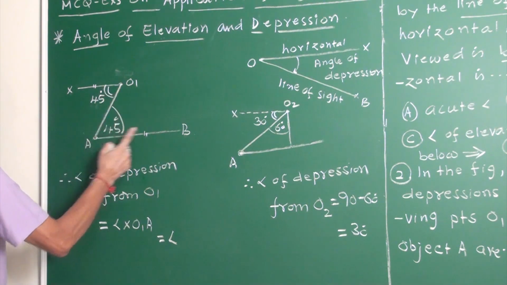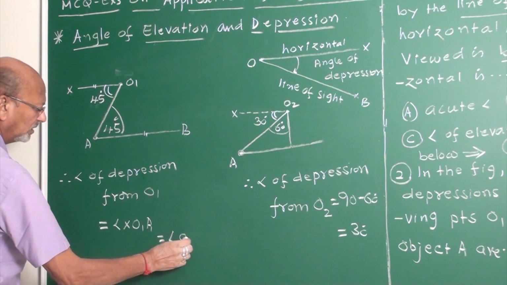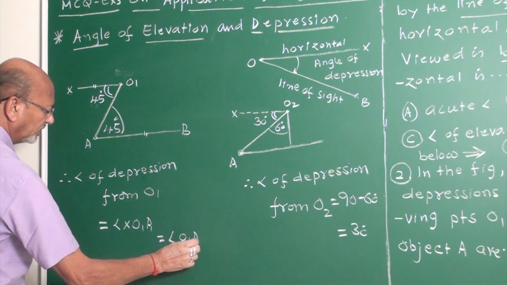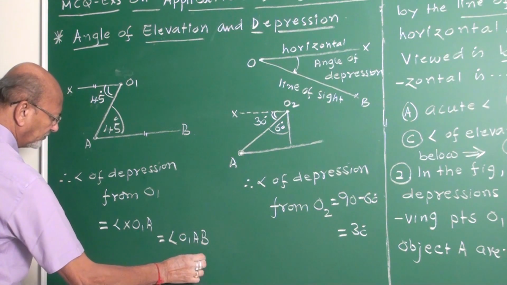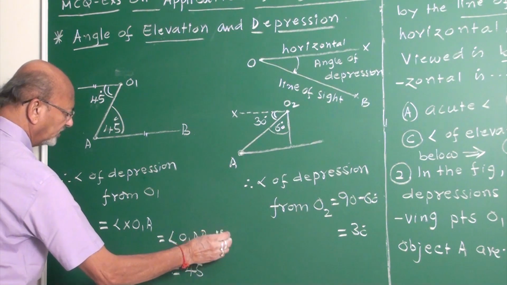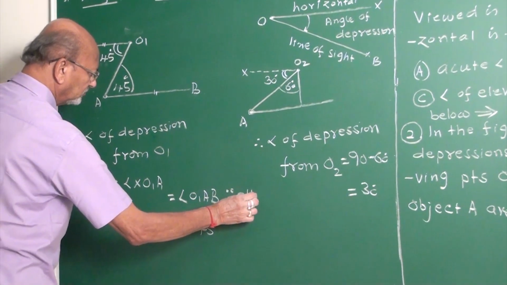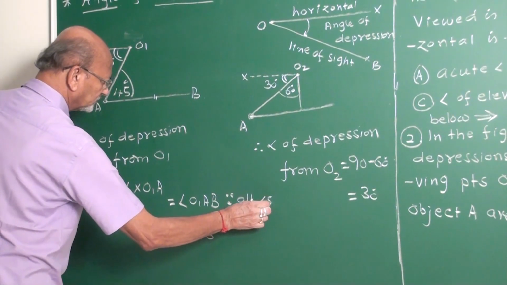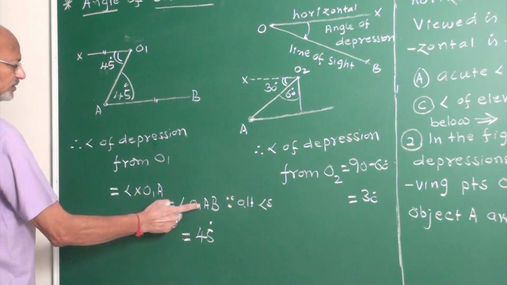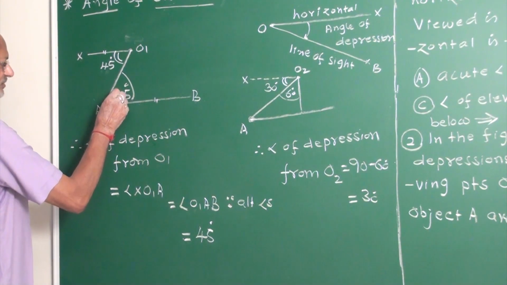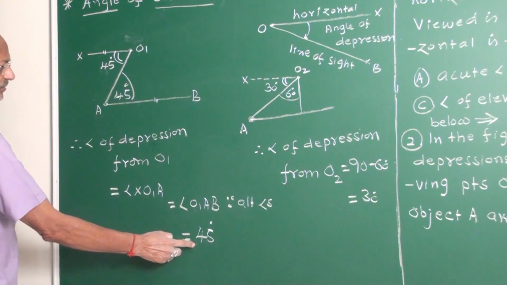Angle BAO1 or O1AB, which is 45 degrees. Why is it? Because of alternate angles. This equals this, they are alternate, and this angle is 45 degrees. Therefore, this angle is 45.